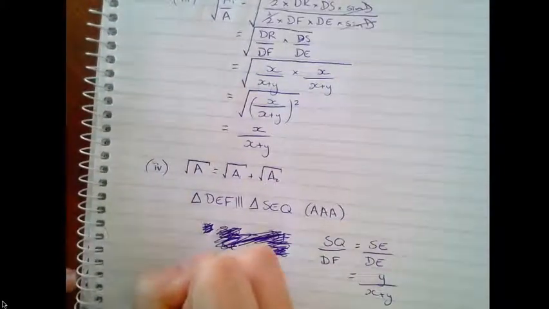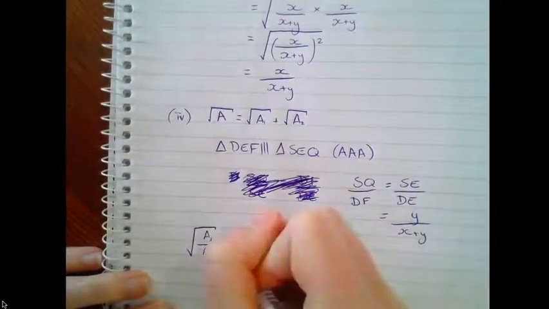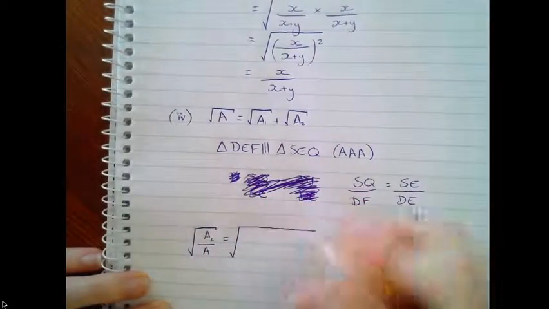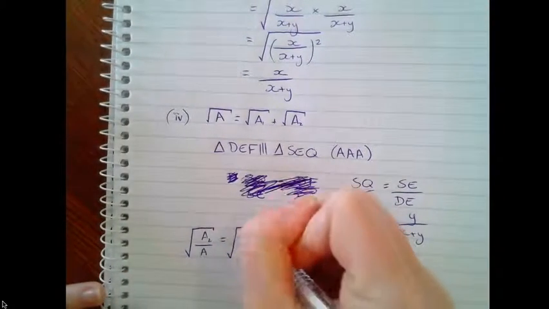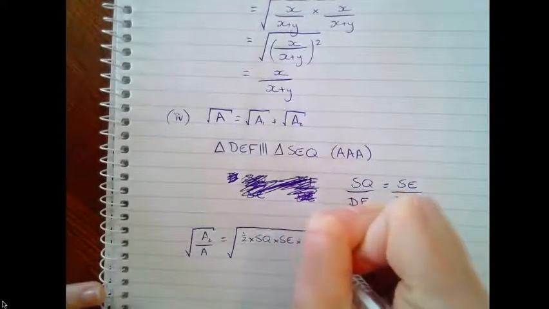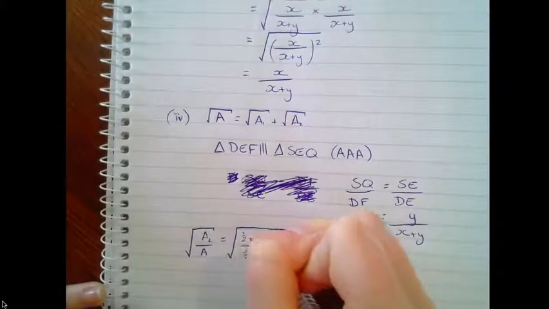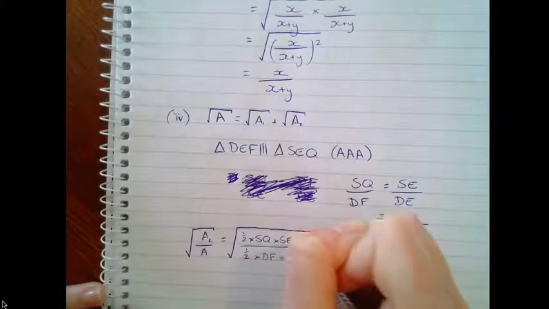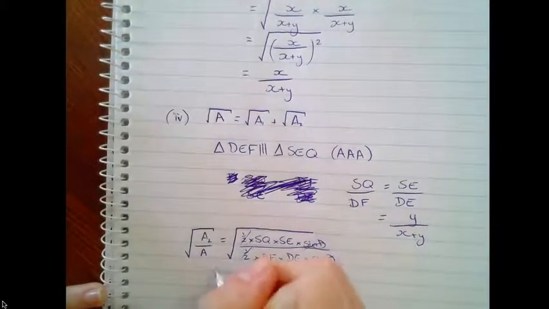So if we go the square root of A2 over A, that's going to give us the square root of, if we go through and find the area again, a half times SQ times SE times sine D over a half times DF times DE times sine D. And again, we can simplify things down.